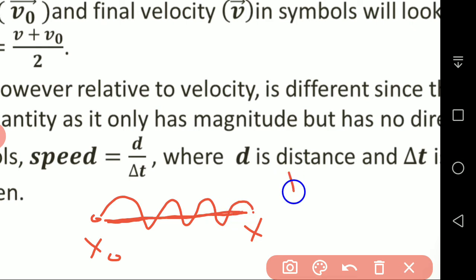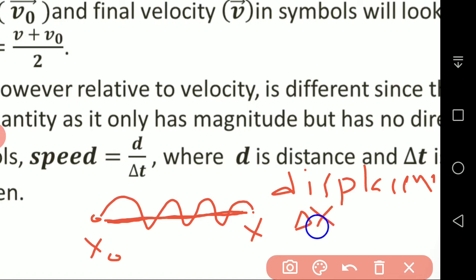So, ang displacement, yun, I see change in x. So, ito si displacement. Si distance naman represented lang siya ng d.